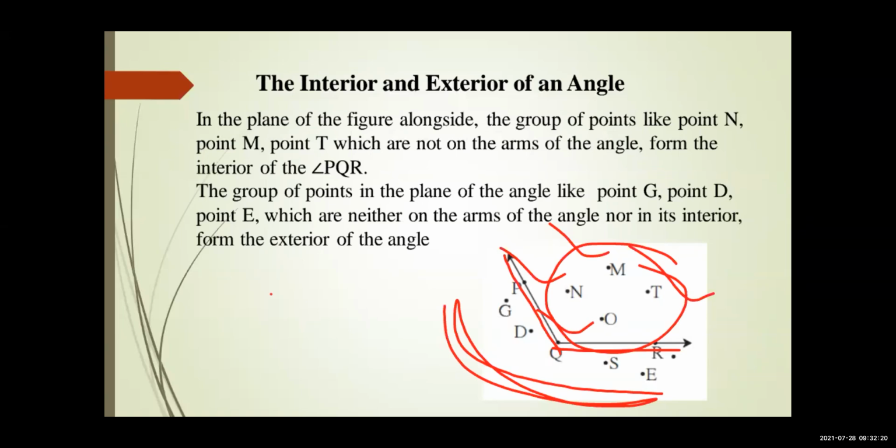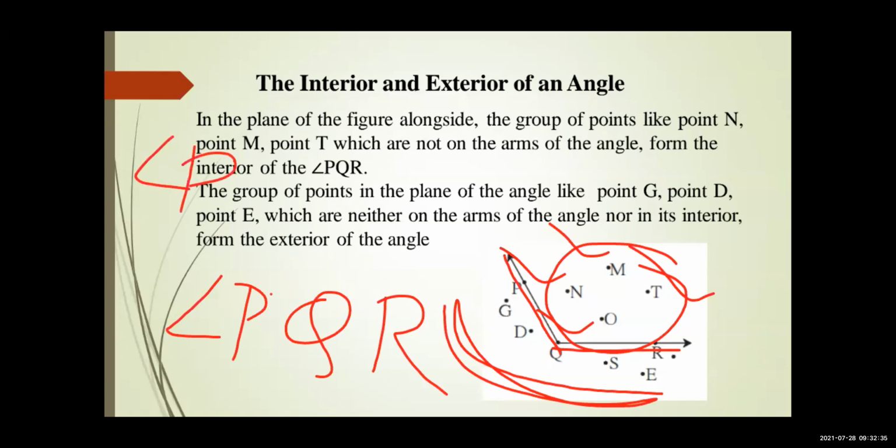The interior points of angle PQR are point M, point N, point O and point T. You will not write angle M or angle R, because these are points.